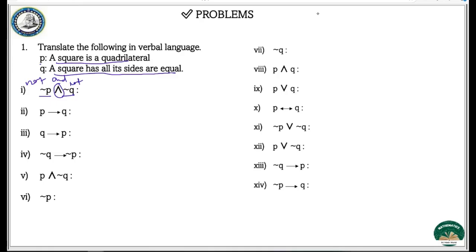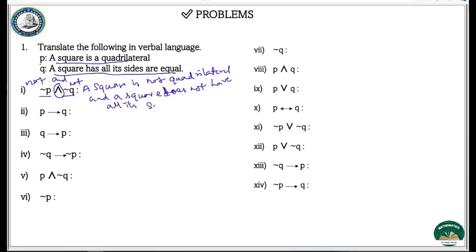Again negation Q means not Q. So we should use "not" for both, and the answer will be: a square is not a quadrilateral and a square does not have all its sides equal.